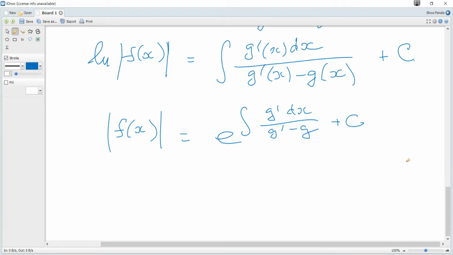And that's why you find the constant at this step, not at this one. Because actually, if it is given that f is positive or negative, definitely you may find the constant here. It's possible. But if you don't know whether it's positive or negative, you get this expression.